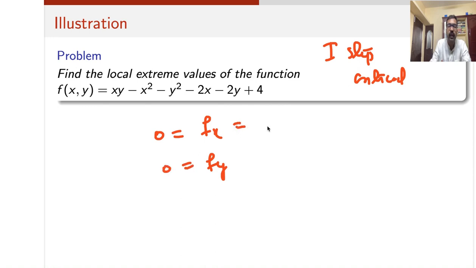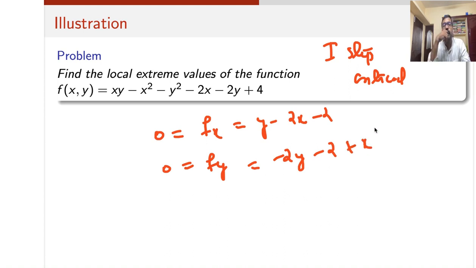What is fx here? Your fx is y minus 2x minus 2. What is your fy here? Your fy is minus 2y, sorry, there is an x also, so x minus 2y minus 2. So this is your fx and fy.